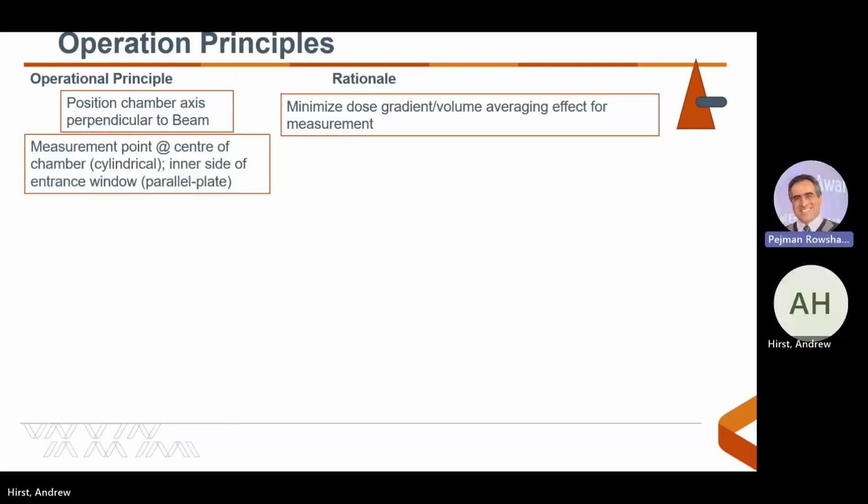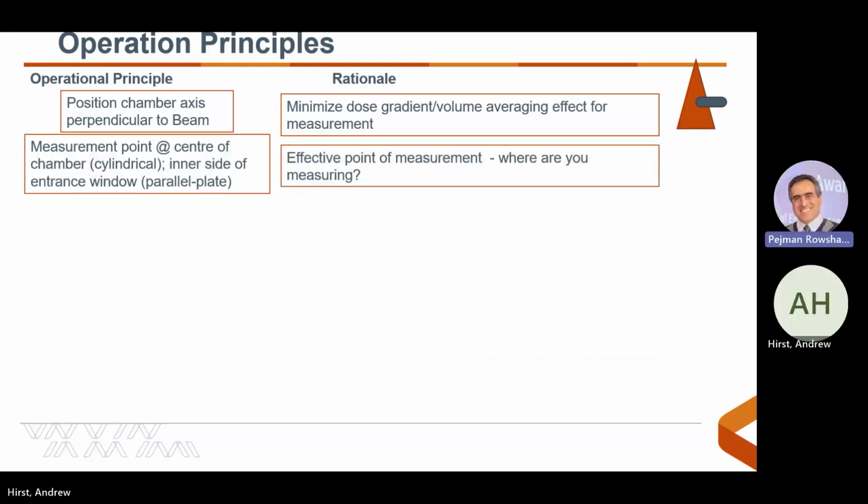The effective measurement point. This is a concept to do with the geometry of the chamber itself. Basically, when you take a measurement, there's a finite volume that you're measuring, but you're relating that volume to a single point that you're defining that dose to. For a cylindrical ionization chamber, that effective point of measurement is at the geometrical center of the chamber, whereas for a parallel plate chamber, it's on the inner side of the entrance window.